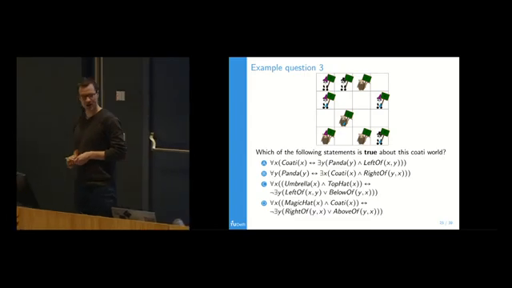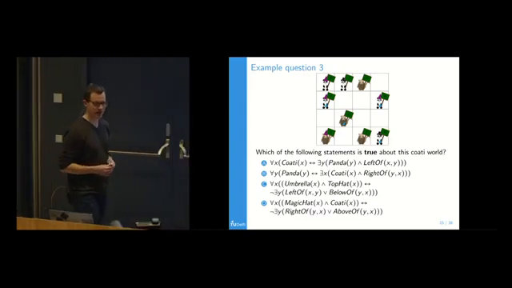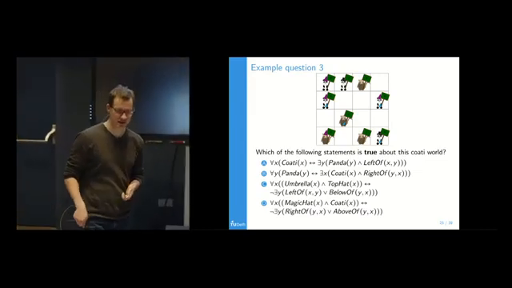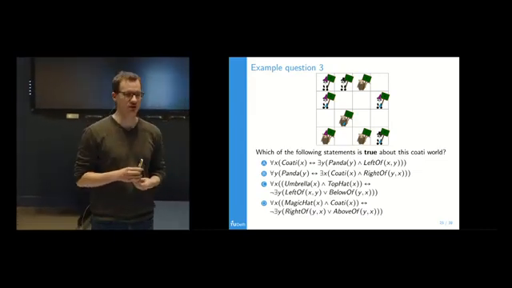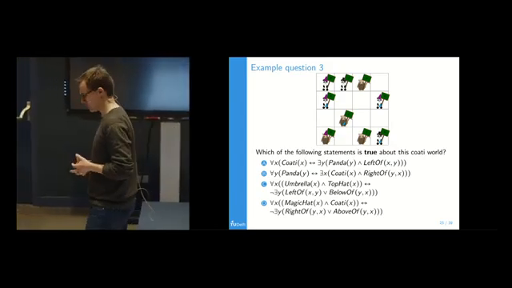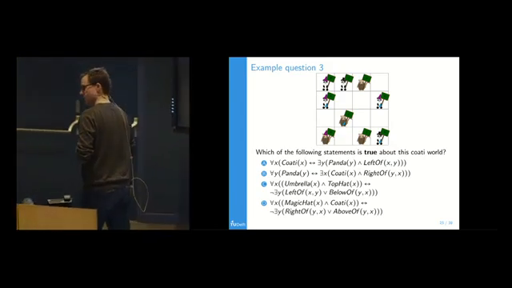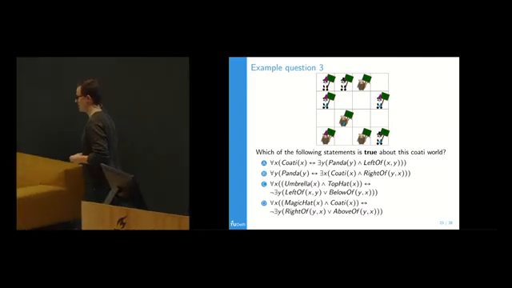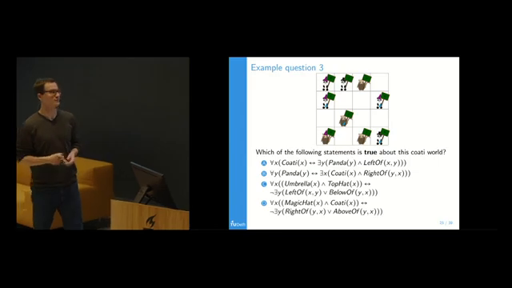They can be wearing magic hats, like the panda in the top left, and they can be carrying umbrellas, like the pandas in the second row. They can also be wearing top hats, like the panda in the bottom right. With all of this information thrown at you, which of these statements about this coati world is true?